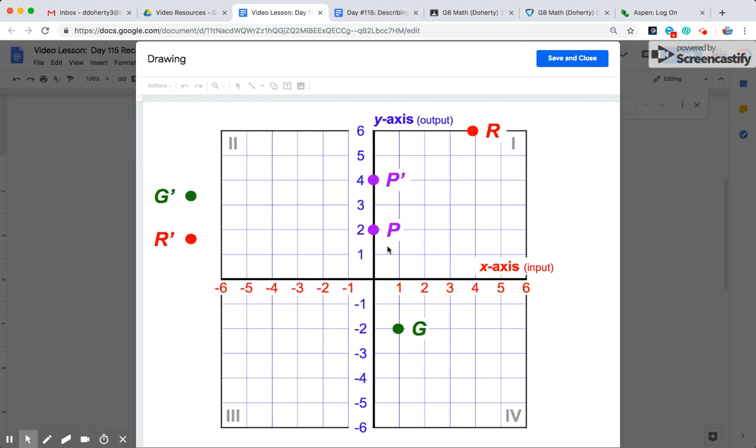This is trickier because it's got both down distance and sideways distance, a y value and an x value in relationship to the origin. Right now we know the green point is currently 1 unit to the right, so the new green point is going to end up being 1 times 3 or 3 units to the right.